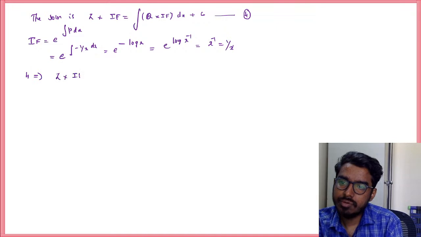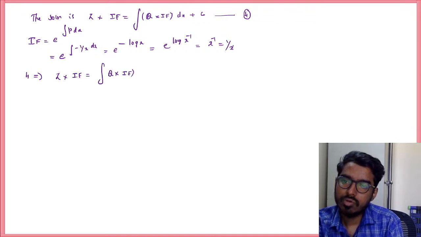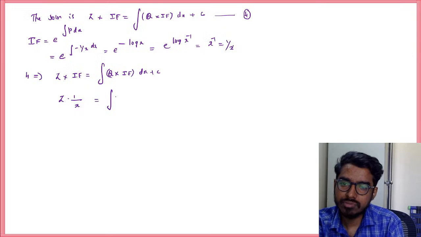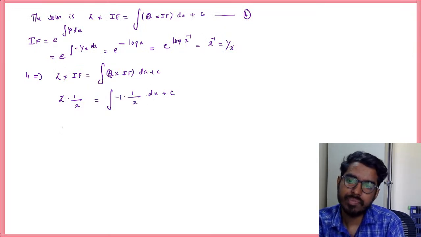So z into integrating factor is the integral of q into integrating factor dx plus c is the solution. So z into integrating factor is 1 by x, integral of q. So what is q? Q is minus 1. Minus 1 into integrating factor dx plus c, right?